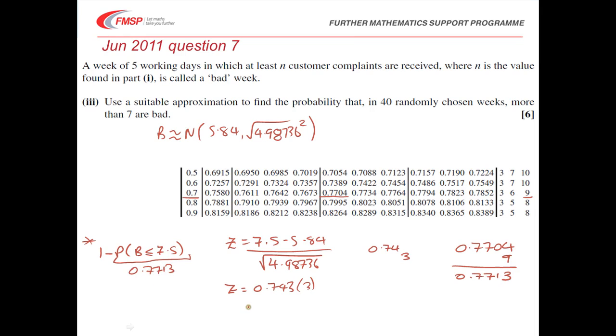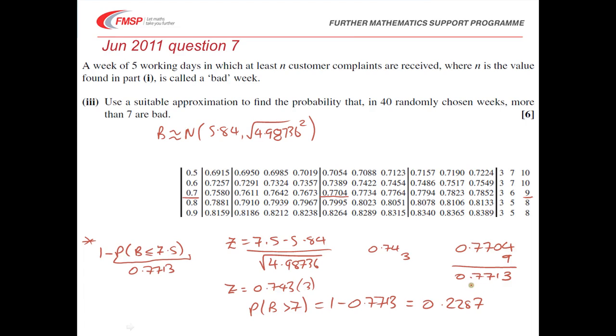So therefore the probability that I'm looking for, which is the probability of being greater than 7, if you go back to your original distribution, is going to be 1 minus 0.7713, which is going to give me a value of 0.2287. And again, you do get some tolerance for the answer of this. So anything that rounds to 0.228 or between 0.228 and 0.229 will be acceptable.